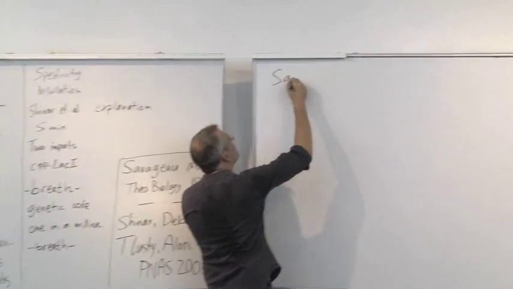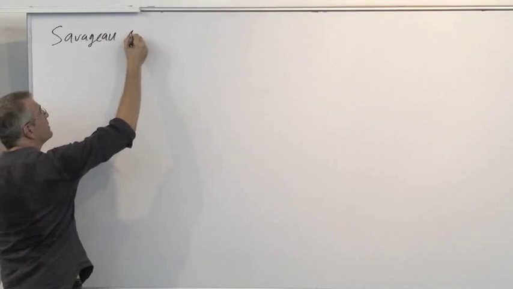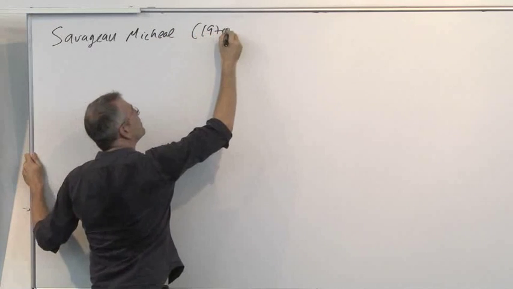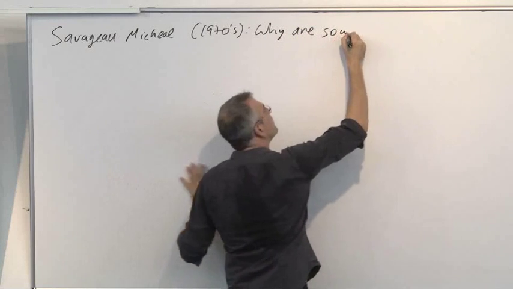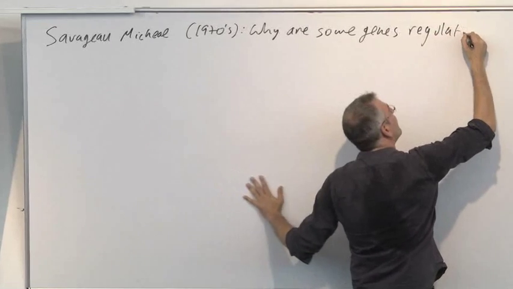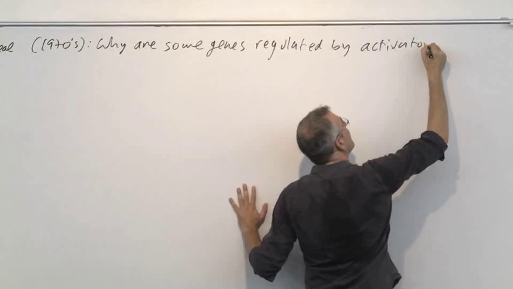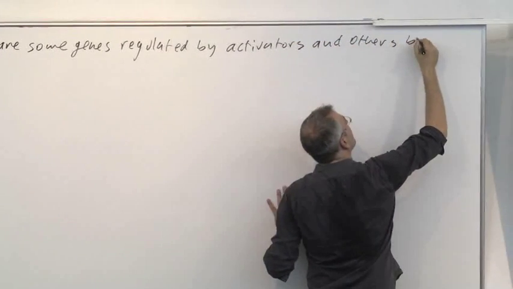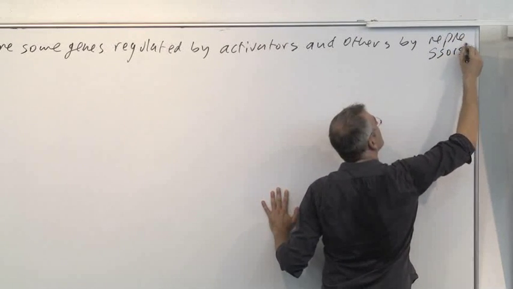Savageau was trained in literature, by the way, and then in electrical engineering. Michael Savageau, 1970s: why are some genes regulated by activators and others by repressors?